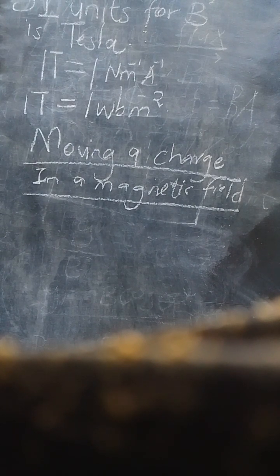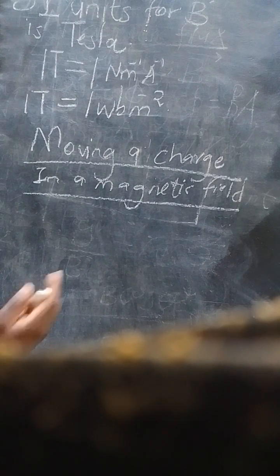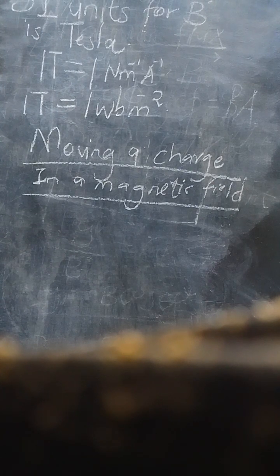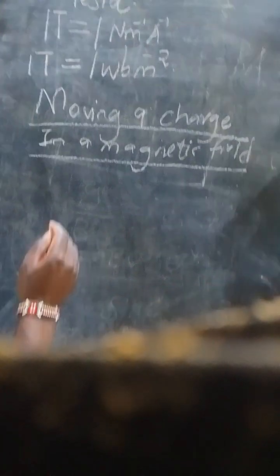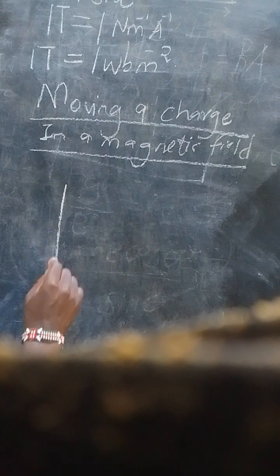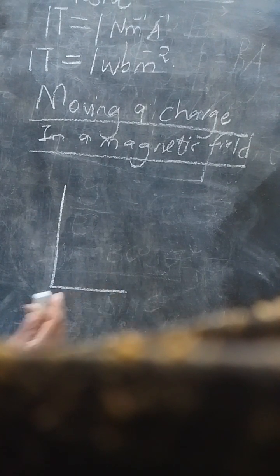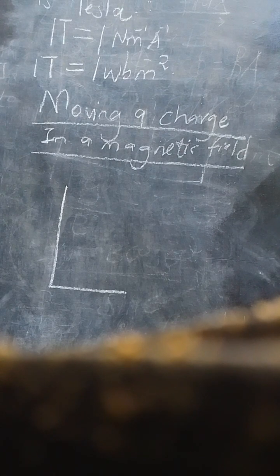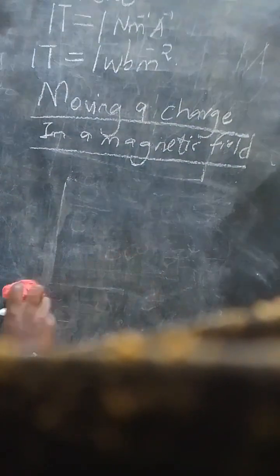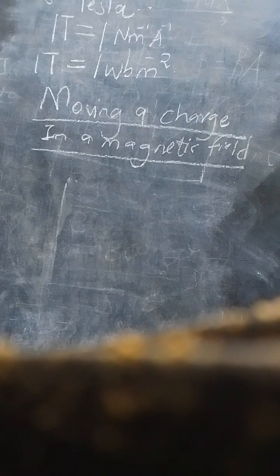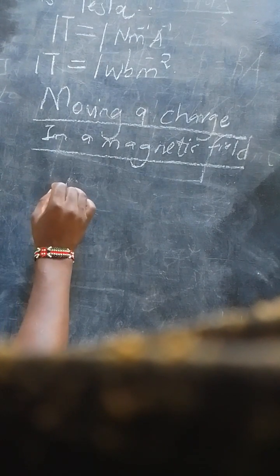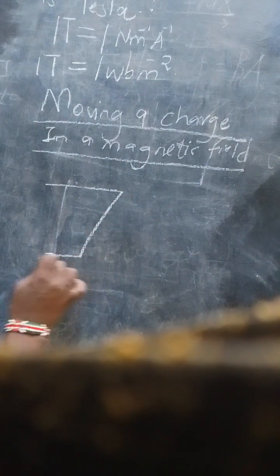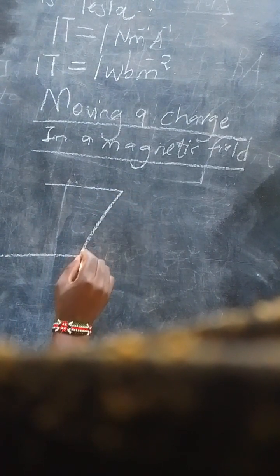Now, if we have that charge that is moving in that magnetic field, consider this is the movement. I'm going to draw a bar magnet, and I represent the movement of the magnet.